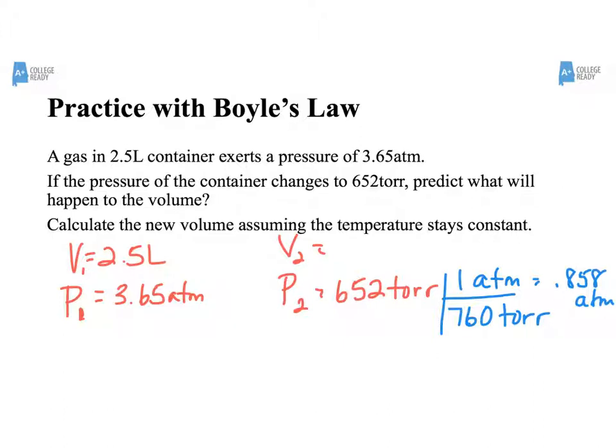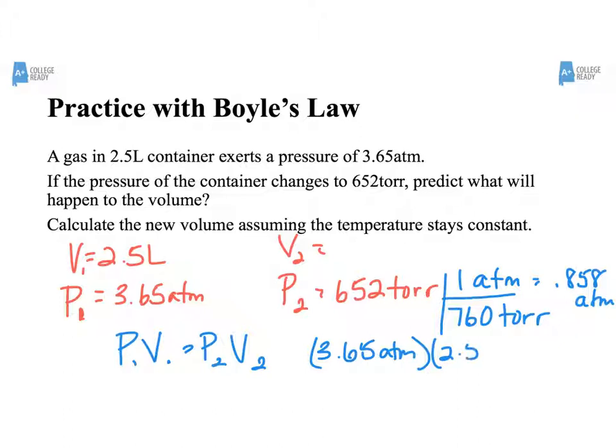Now we're just going to plug it into Boyle's law. So we're going to say P1 V1 is equal to P2 V2. P1 is 3.65 ATM. V2 is equal to 2.5 liters, and we're going to divide that by our pressure, 0.858 ATM.